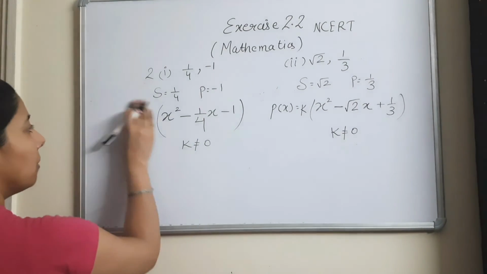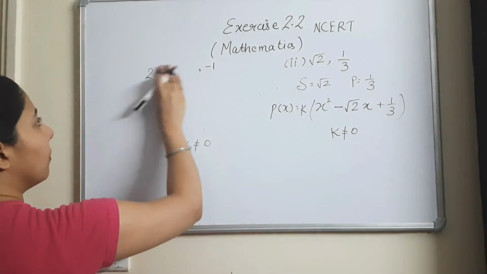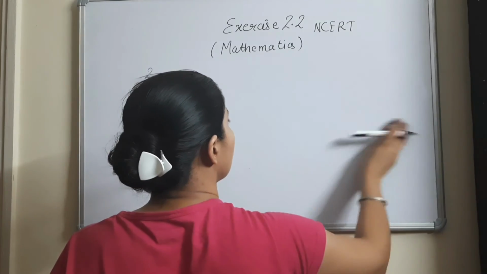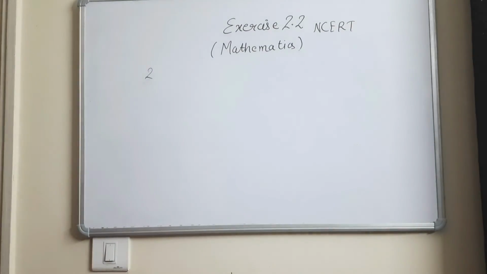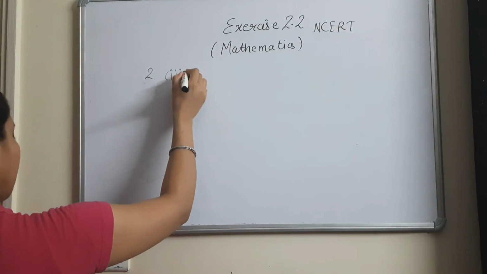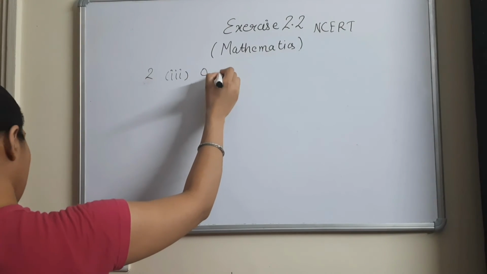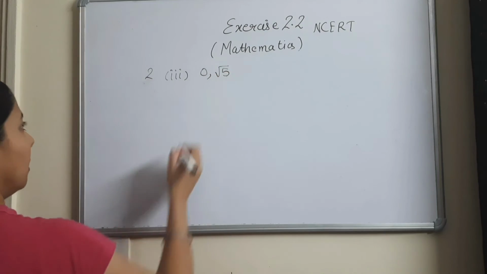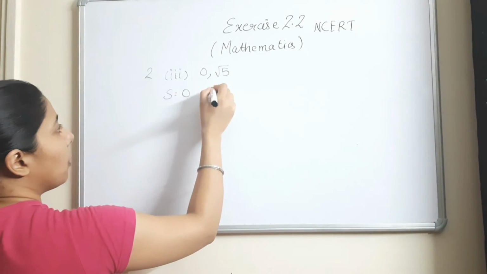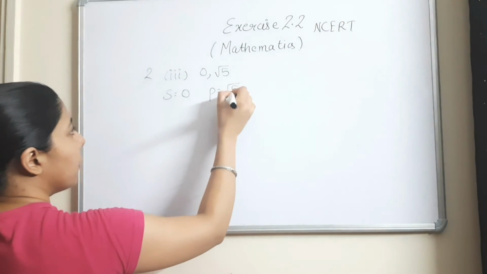Now move to part 3. That is 0 comma root 5. So write it as sum is equal to 0 and product is equal to root 5.